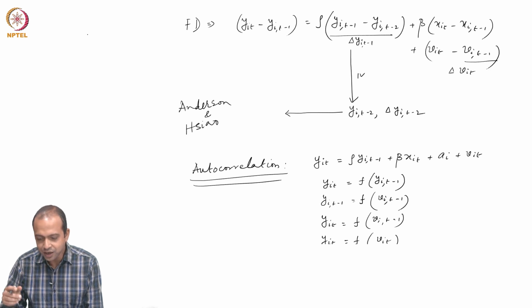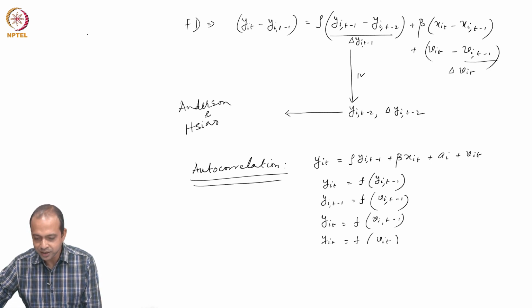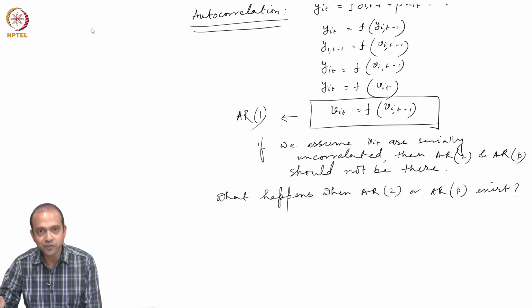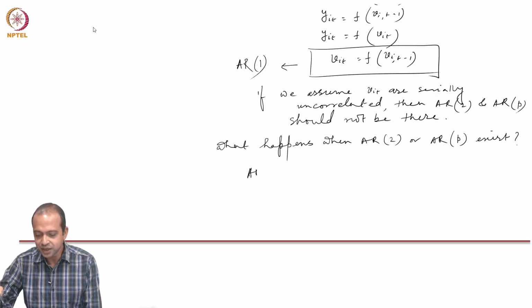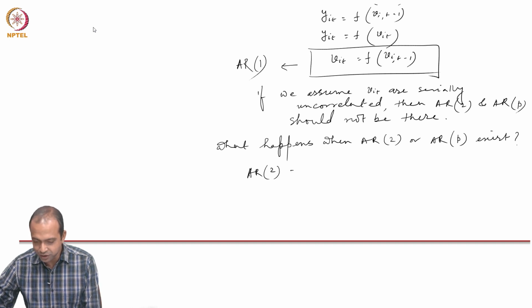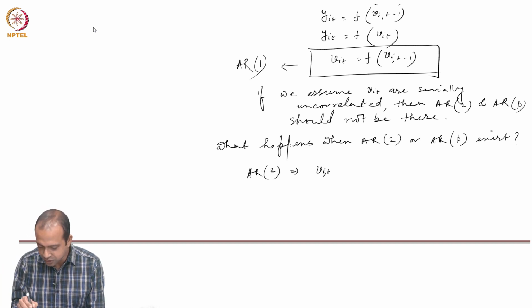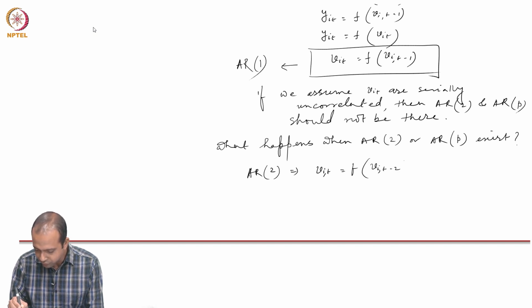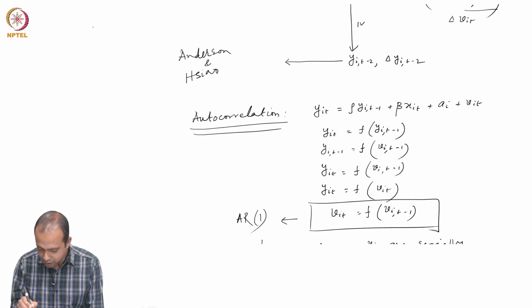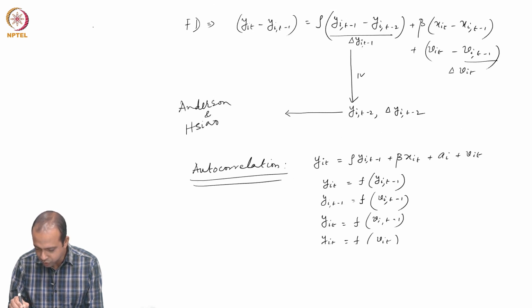That means what we were assuming earlier, that YIT minus 2 will not be correlated with this transformed error term, will no longer be valid, because VIT itself is correlated with VIT minus 1, and obviously YIT minus 2 is a function of VIT minus 2. So, I am saying that YIT minus 2 is also a function of VIT.